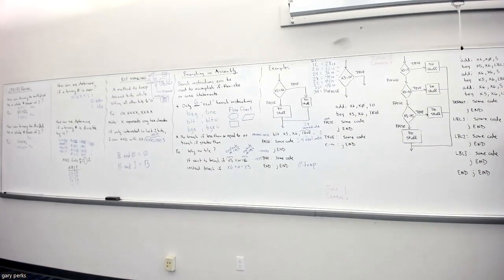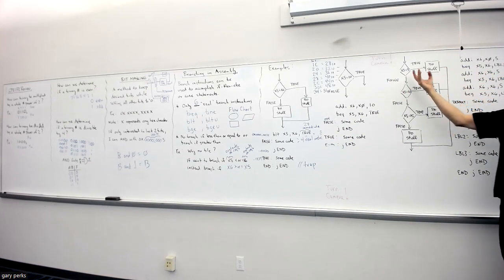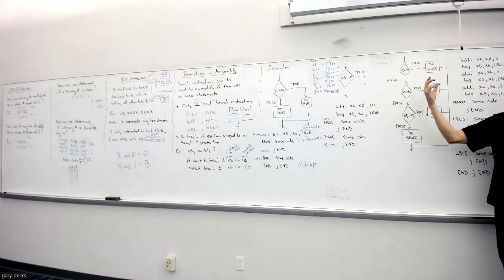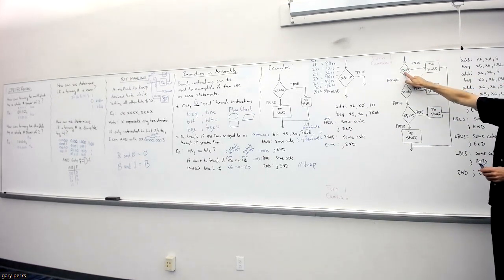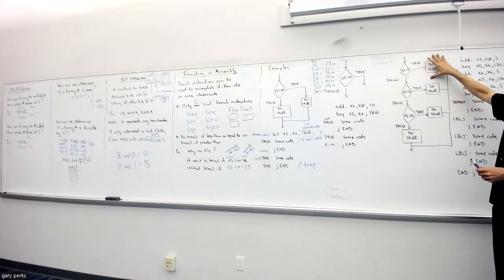Okay, last one before we take a little break is this one here, and this basically represents a case statement. We have a decision here where we're comparing the contents of register 5 to the number 5. If that's true, we're going to do this.